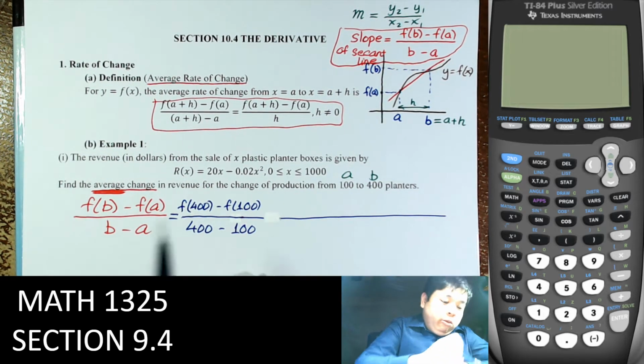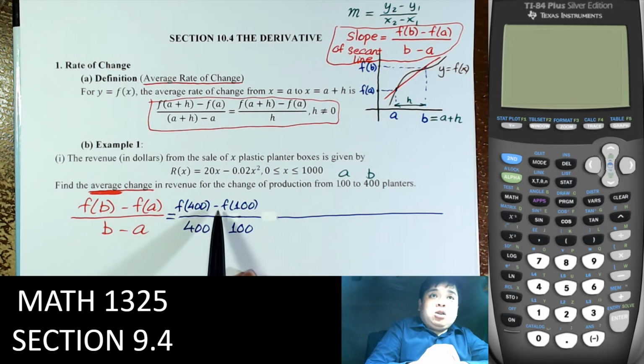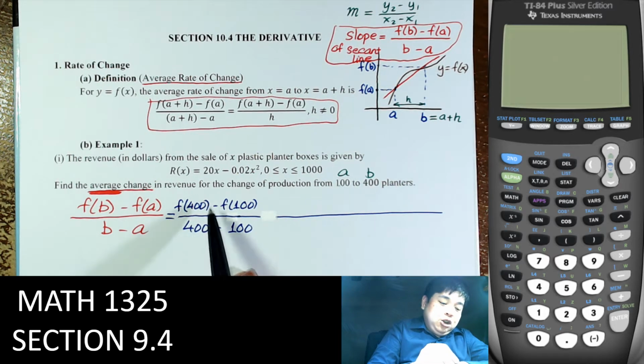So the y values at 400 minus the y values at 100 over 400 minus 100. So the change in y over the change in x, the change in the values of the function over the change in x.